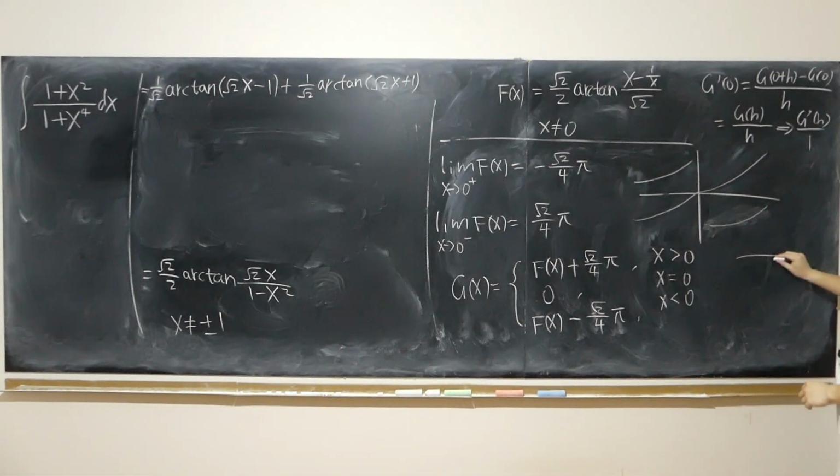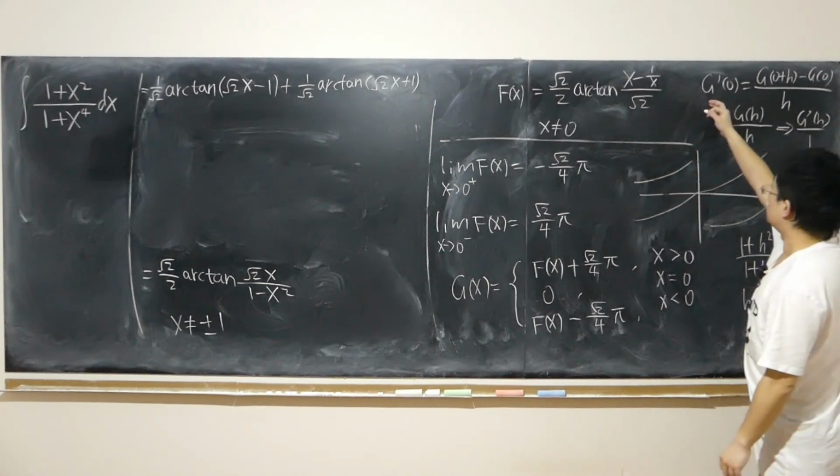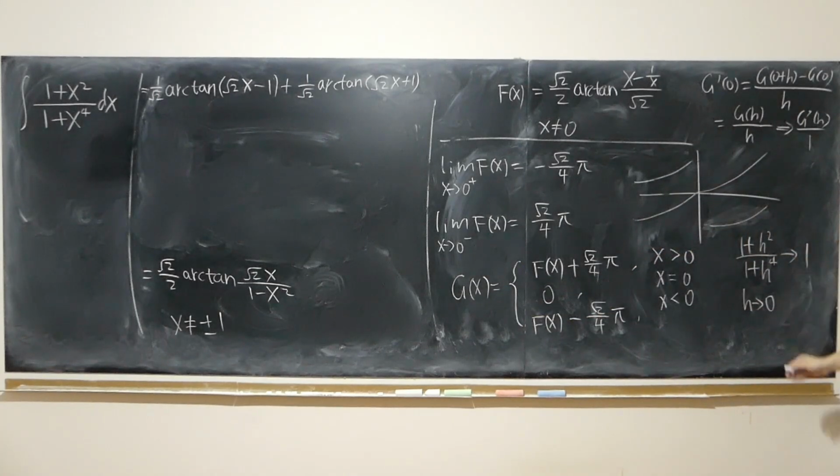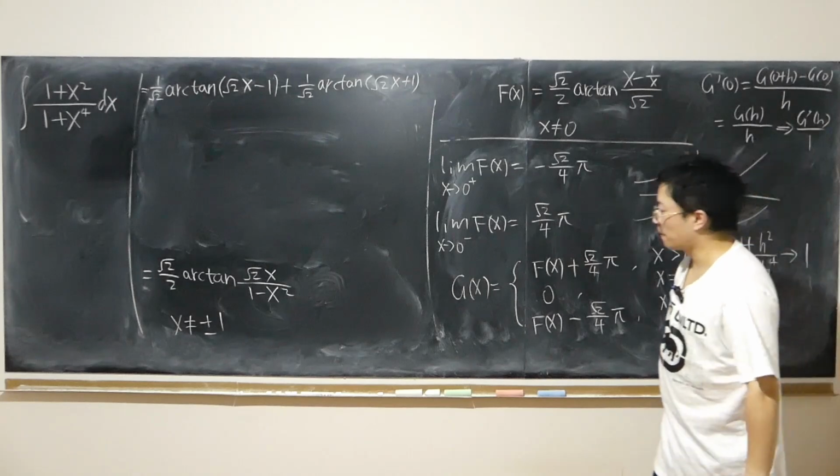And when you look at 1 plus h squared, 1 plus h fourth, as h approaches 0, this approaches 1. Right, so the derivative at 0 is 1, right?